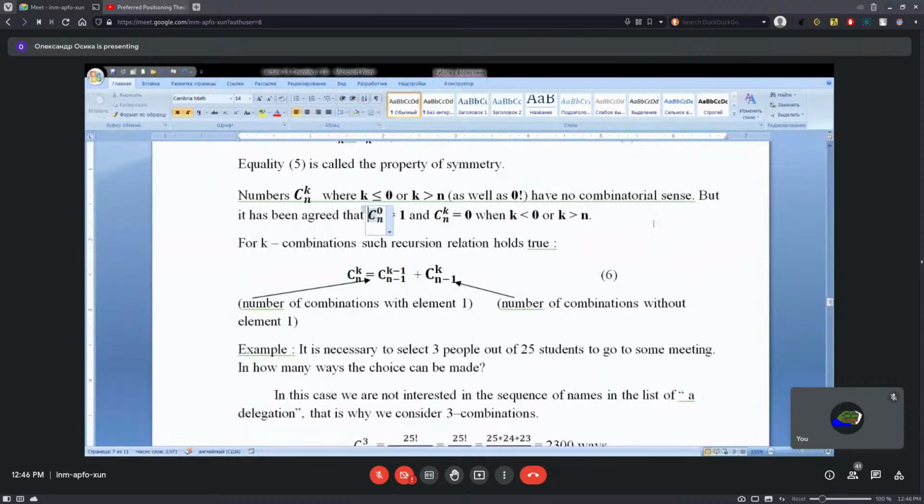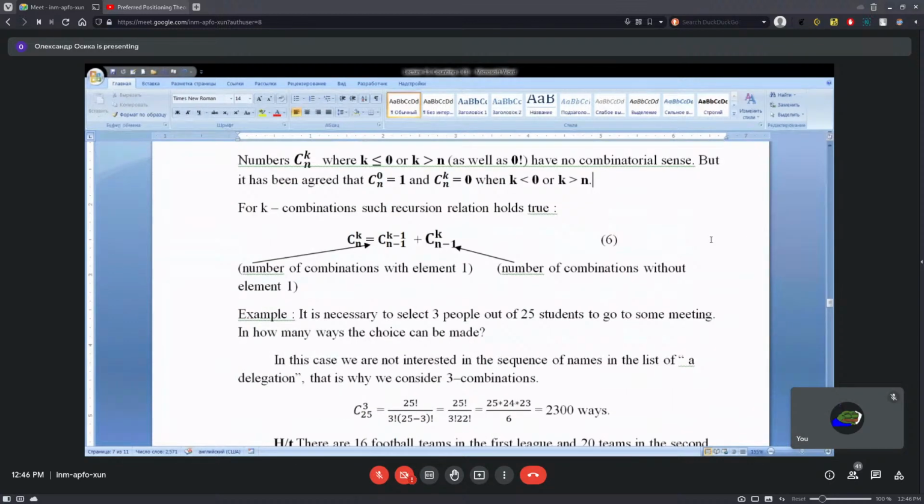Remember this, and it is important because if we substitute such values into the combinatorial formulas, they will be applicable to all kinds of objects.